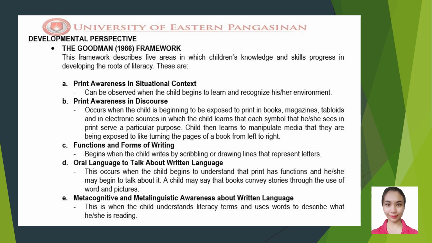Occurs when the child is beginning to be exposed to print in books, magazines, tabloids, and electronic sources in which the child learns that each symbol that he or she sees in print serves a particular purpose. Child then learns to manipulate media that they are being exposed to, like turning the pages of a book from left to right.